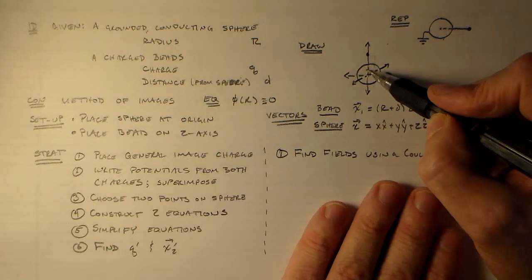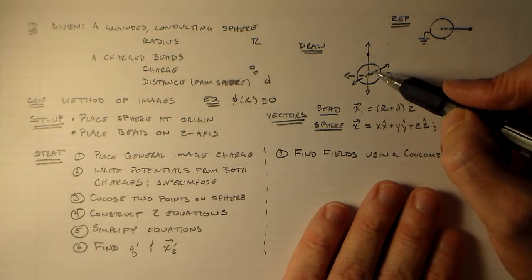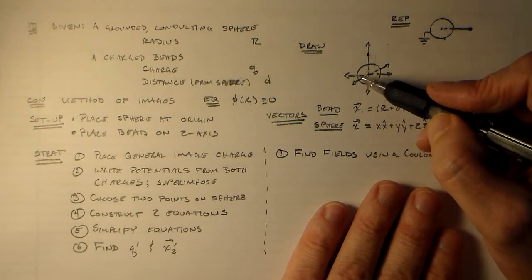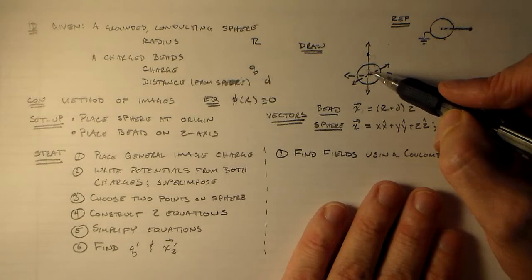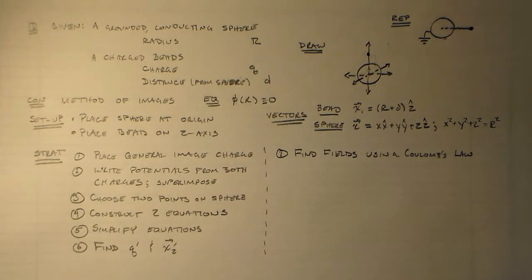Thanks to finding an image charge in here, we don't have to worry about charge distributions. We don't have to worry about anything else. The field is just going to come from these 2 point charges, and we've been doing that since day one. So we are good with finding fields with Coulomb's law. So let's just do it, okay?